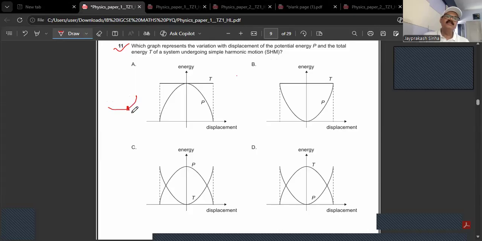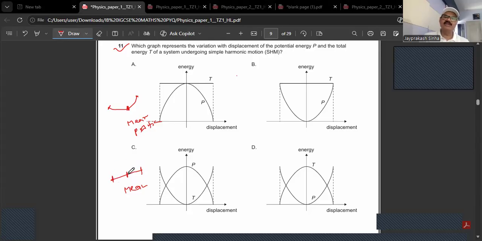So this is the mean position, and these are the two extremes, isn't it? To and fro motion, we can represent like this also. This is the mean position, and these are the extremes, left extreme and right extreme.